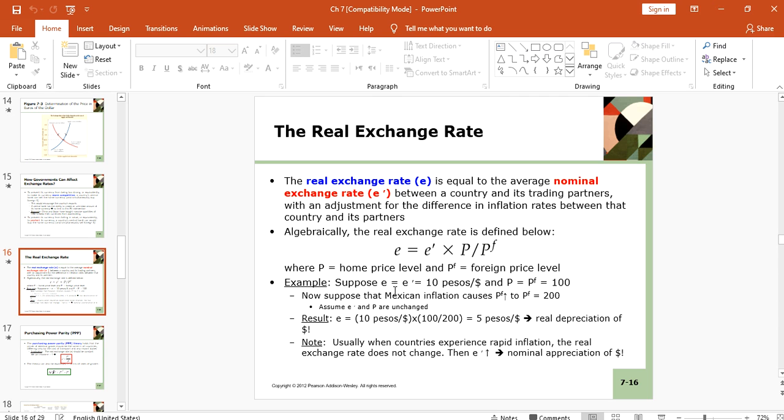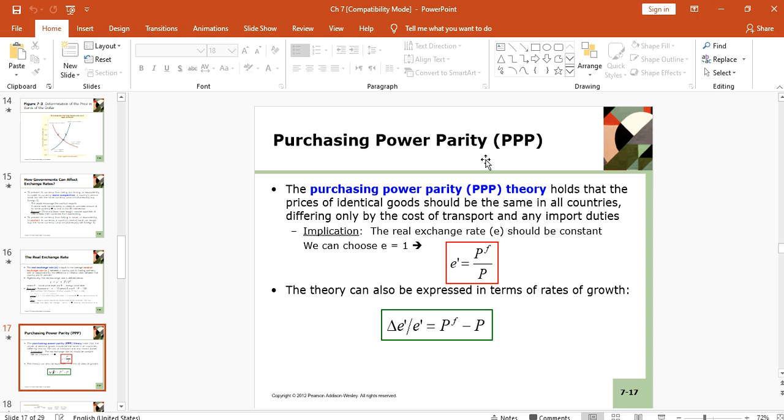So this tells us that inflation is one factor that can affect the exchange rate. And there's a theory behind that, the so-called purchasing power parity theory. This theory tells us that the price for any identical goods, such as a McDonald's Big Mac burger, should be the same in other countries.